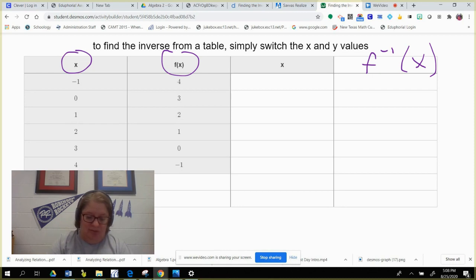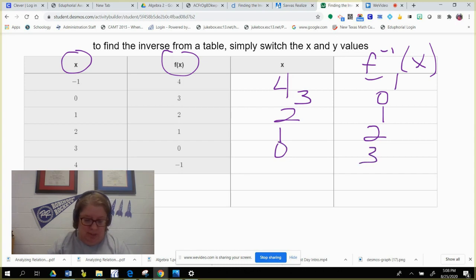So this point, instead of -1, 4 would be 4, -1. And this point would be, instead of 0, 3, 3, 0. Instead of 1, 2, we would have 2, 1.